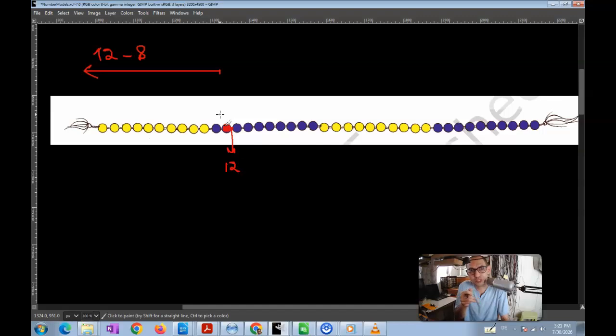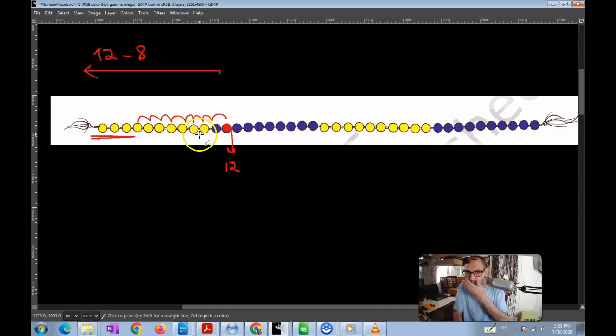You need to be careful. If you say I'm going to move 8 steps towards the left, the mistake that you might make is that if you started from the actual bead, you would say this is 1, 2, 3, 4, 5, 6, 7, 8, and what remains are these 3 beads, right?